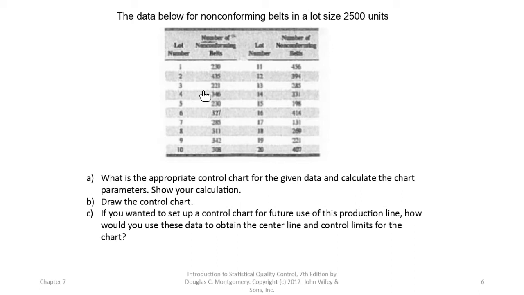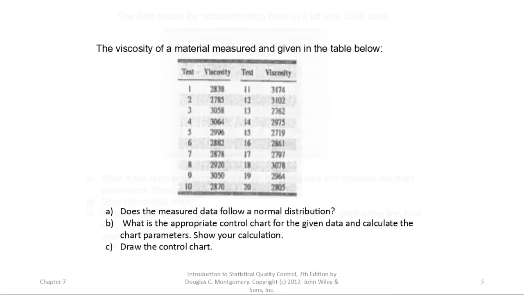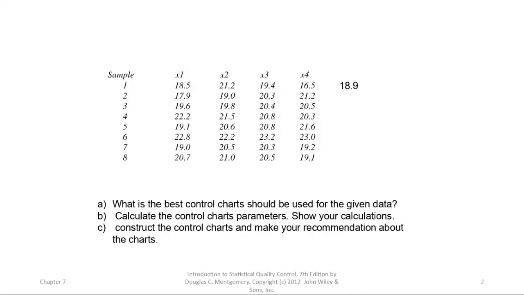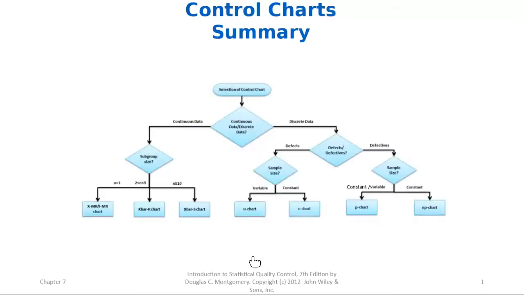For the non-conformities, we have the C and U. To recap our review, we have this chart here that summarizes all the types of control charts. So we are on this side, where defectives are being detected in the process, so we either use the NP chart or the P chart.